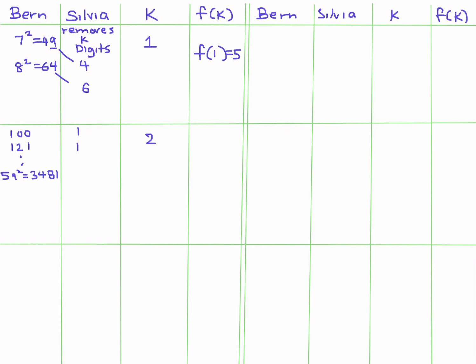When you remove 2 digits, Sylvia's number becomes 34. The next one is 60 squared, which is 3600, and when we remove those two digits, you get 36. As you can see, 35 is missing, and therefore f at 2 is 35.